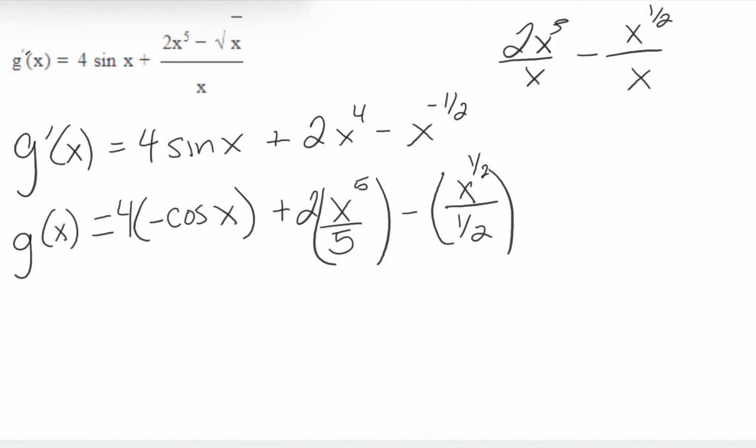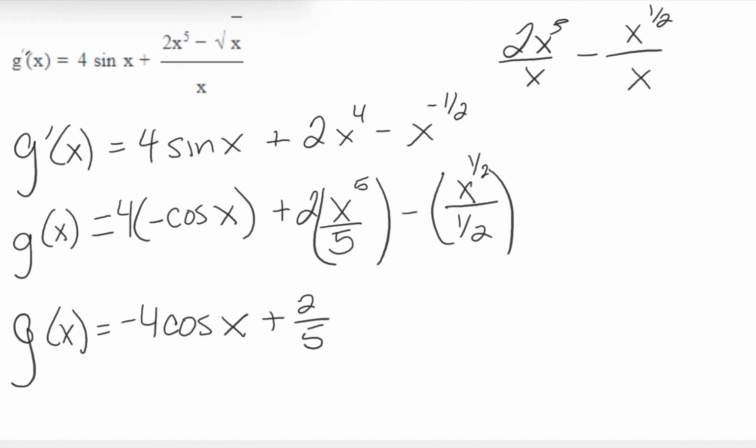All right, so now let's clean this up some. So I got negative 4 cosine of x plus 2/5 x to the 5th minus 2 square root of x plus c. How do you get that negative root? The x to the 1/2 becomes the square root of x.